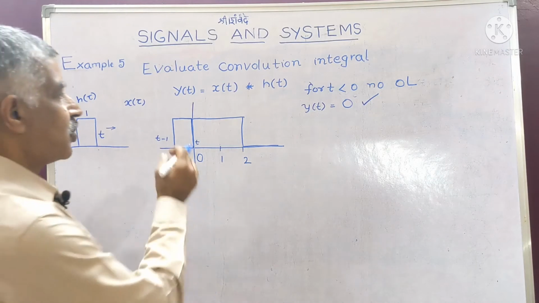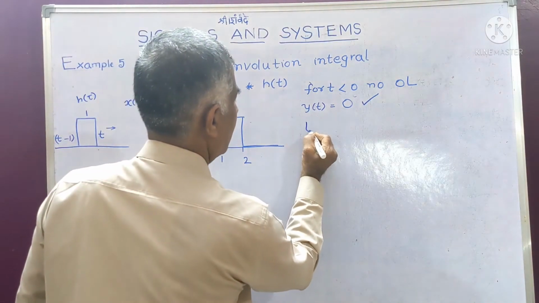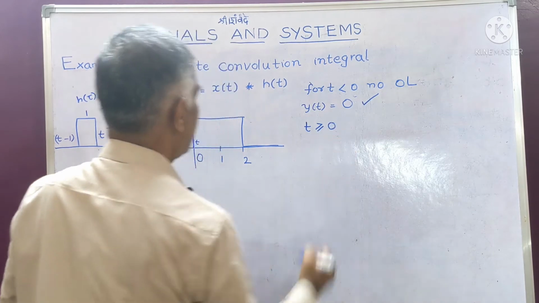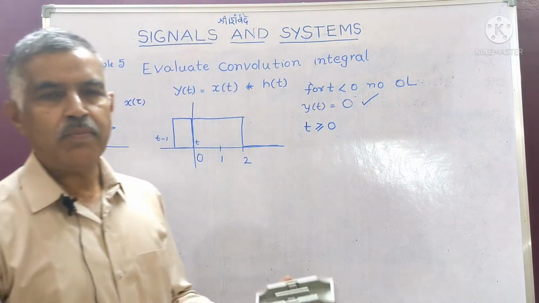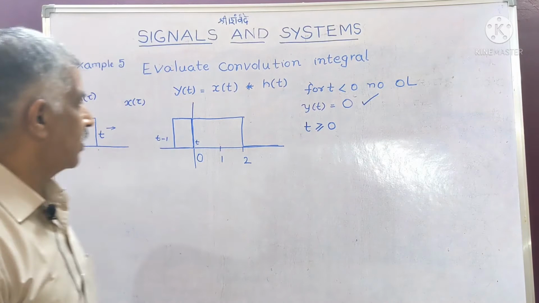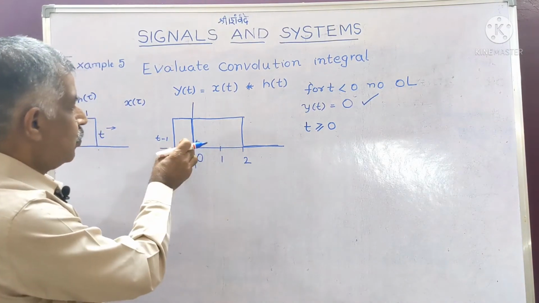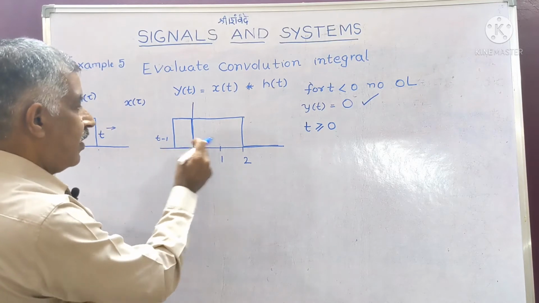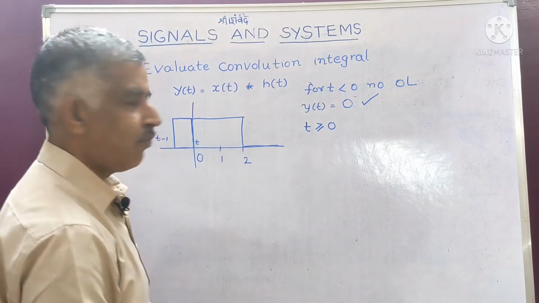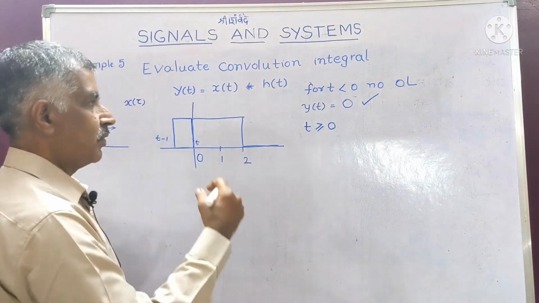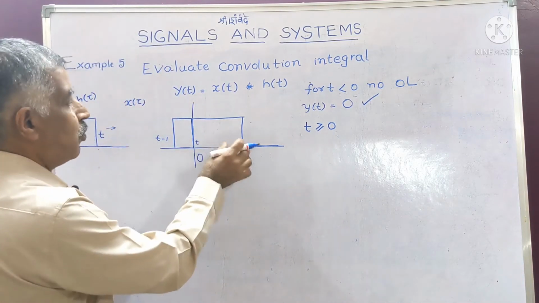Now overlapping starts only for t greater than or equal to 0. And how long you will move this is the question. Now you do one thing. This is rather 2 units. So you move this by 1 unit. You will not have confusion. So one unit you move.